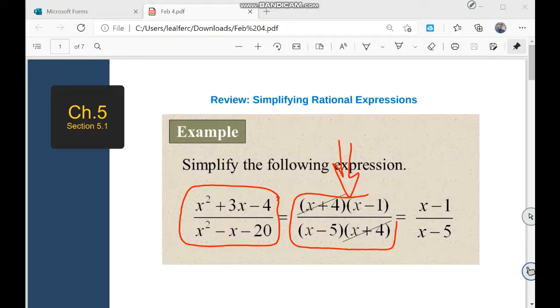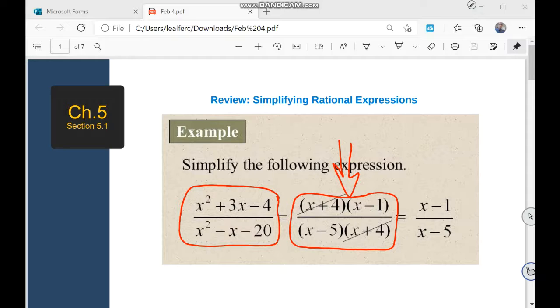Instead of adding terms on the numerator and the denominator, you're going to have factors, the multiplication of factors. This is very good, because now we can simplify. After you factor out, you simplify by identifying the common factors in the numerator and in the denominator, and you can cancel out.